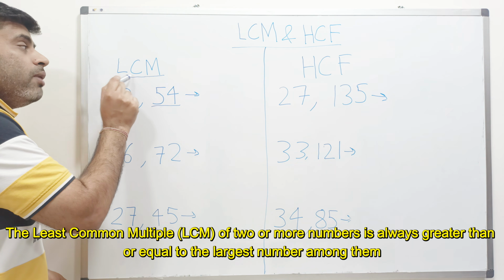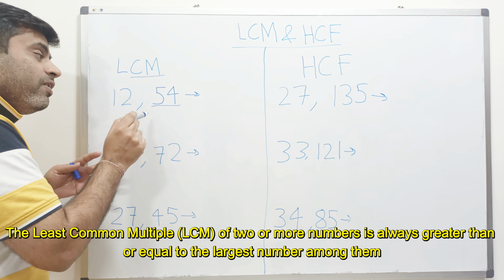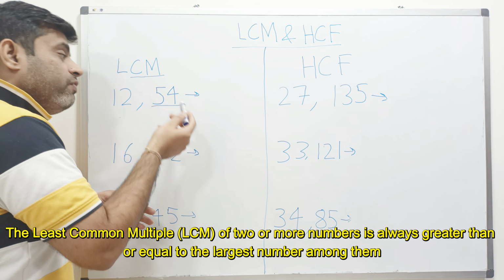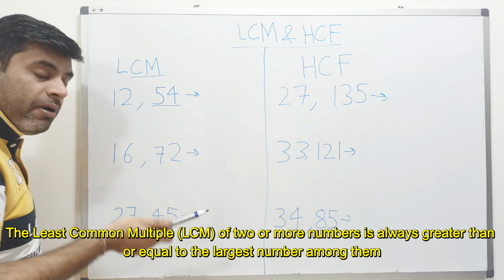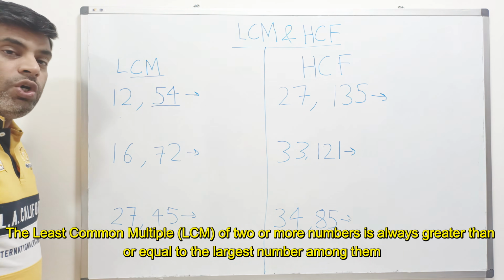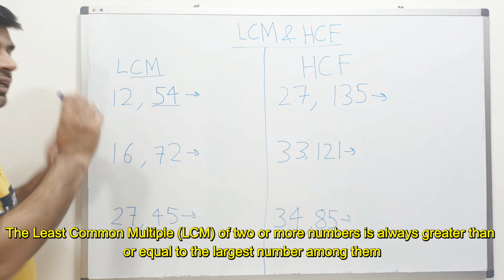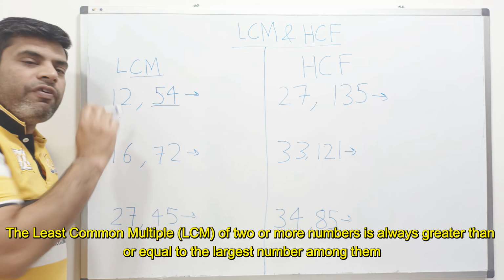And now we are talking about common. So there cannot be any multiple of 12 which is less than 54 and common with 54. Not possible, right? So the least possible value of LCM can be 54. So you don't even look at it. Only keep it somewhere in your brain, in your supercomputer, and look at 54.